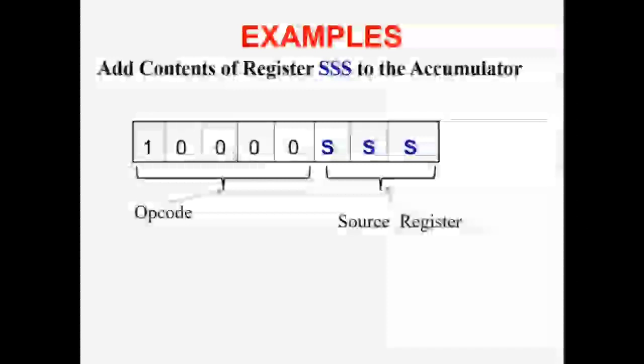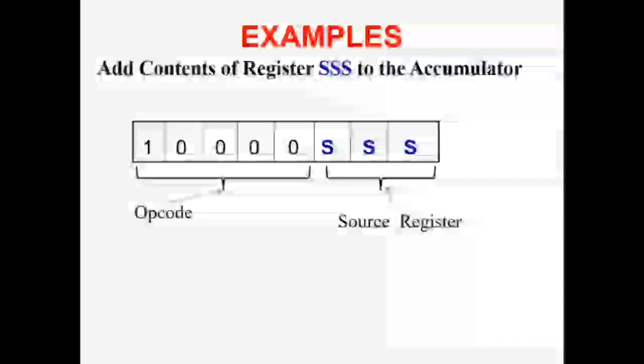So we were discussing adding the contents of a register to the accumulator. And we know the operation add needs 2 operands. You add something to something. You don't need only 1 operand, you need 2. And we said that the second operand has to be usually in the accumulator.